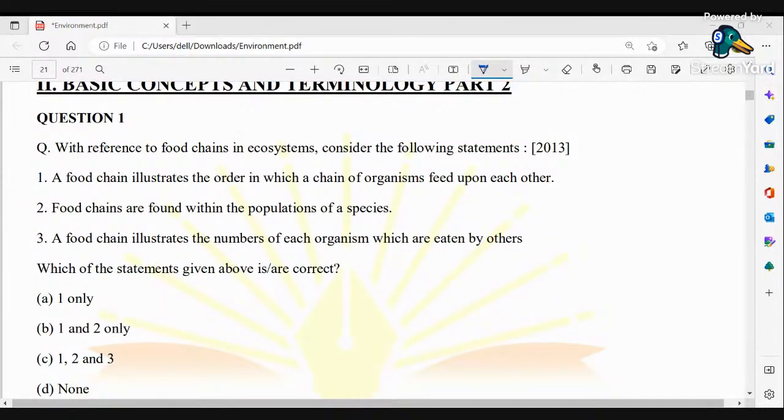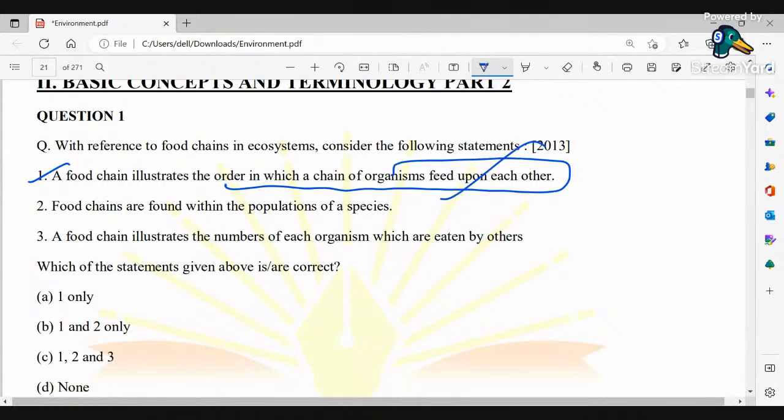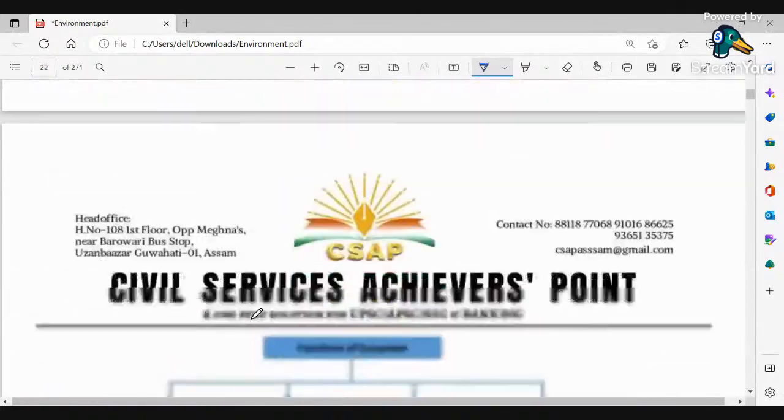So here the correct answer is A, that is, a food chain illustrates the order in which the chain of organisms feed upon each other.